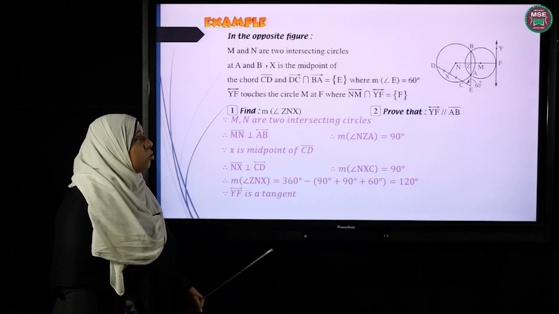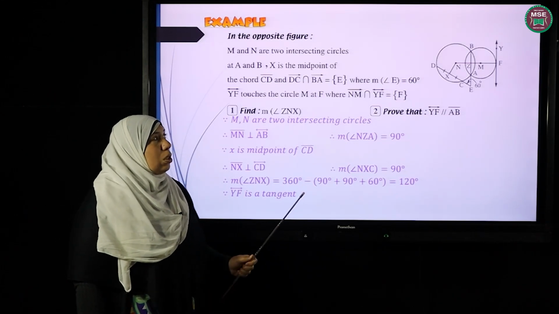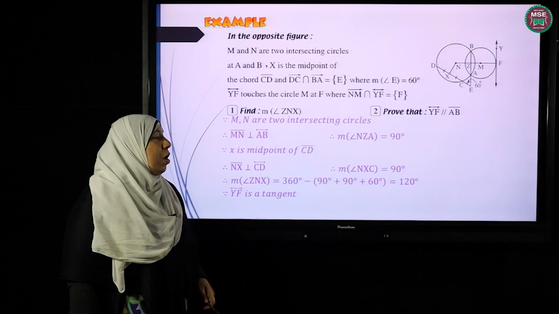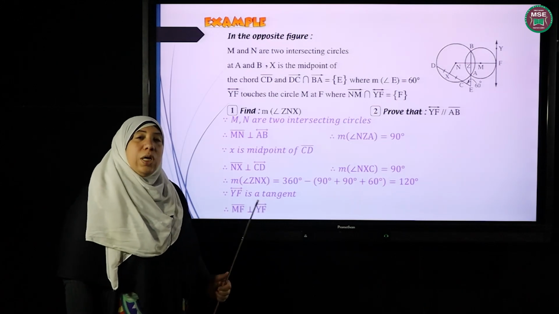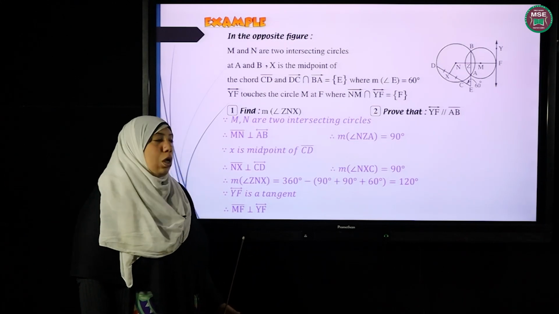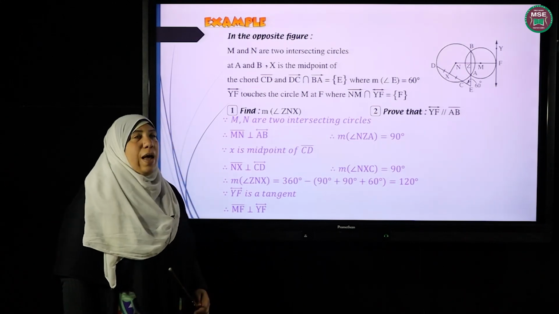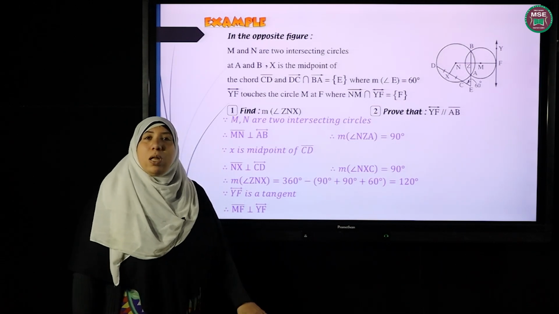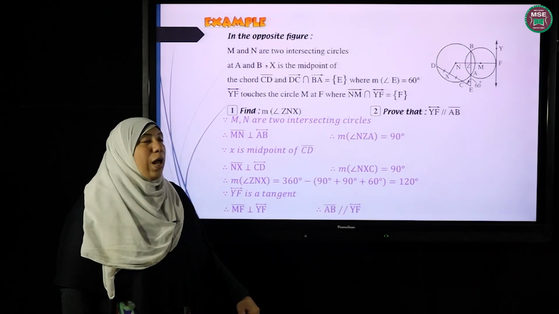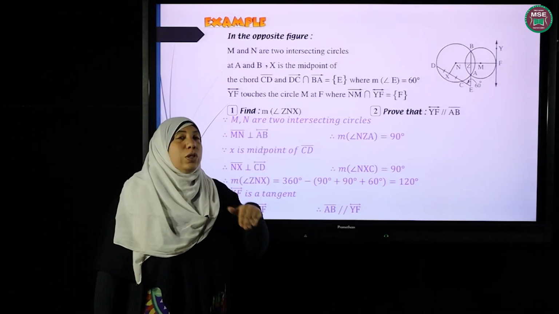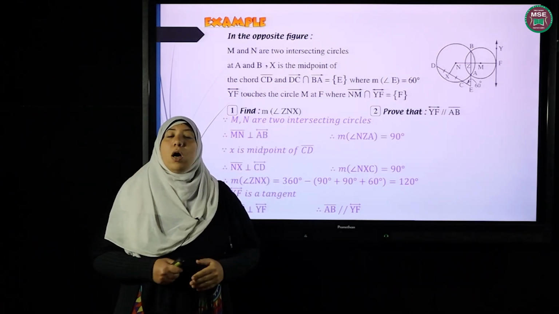If YF is a tangent of circle M, then any line from the center to the point of tangency is perpendicular to this line. So here also MF is perpendicular to YF. And we have studied in the first prep, two lines perpendicular to the same line are parallel to each other. So these two lines are parallel.